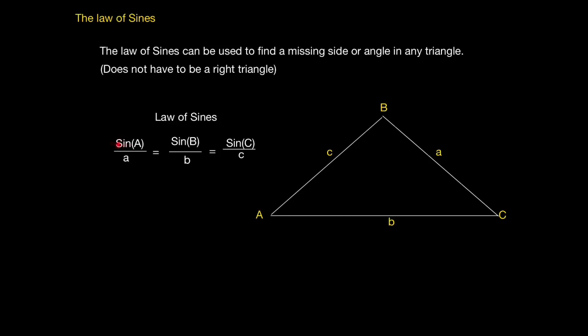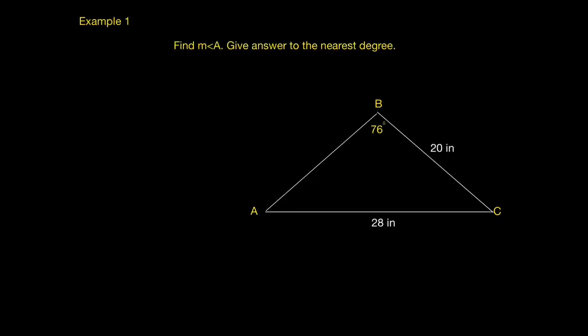So basically you take the angle and divide its sine by the side that's across from it. So here we have angle A, so we can take the sine of A and divide it by a. That's going to equal the sine of B over the length b, and it also equals the sine of C over little c. So let's take a look at some examples, beginning with example 1.